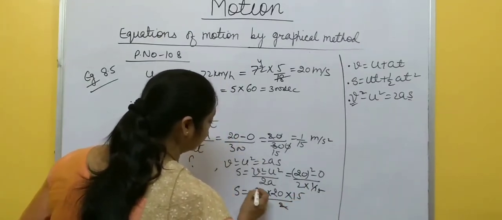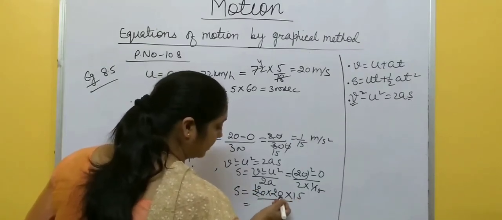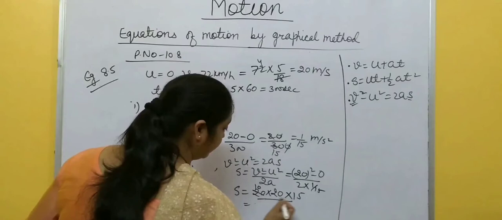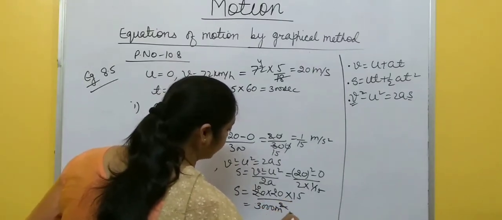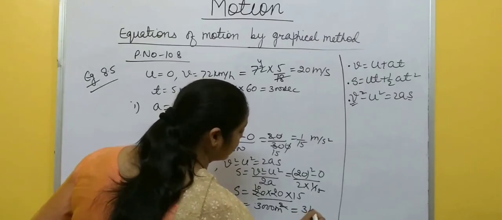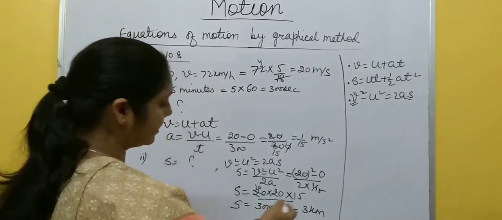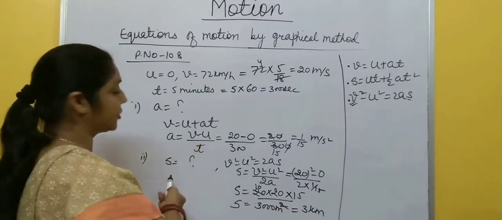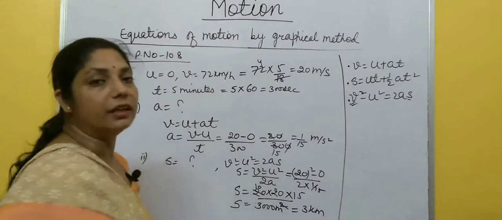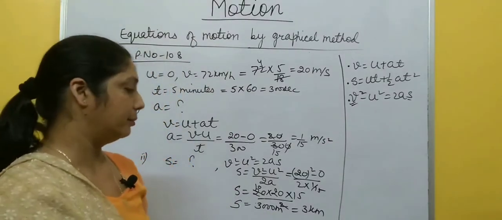The 2 and 20 cancel, 15 times 20 is 300, and then 10, 3000 meter. 3000 meter means 3 kilometer. So you get displacement is 3 kilometer. In this way, you find acceleration and displacement by using equations of motion for a uniformly accelerated body.